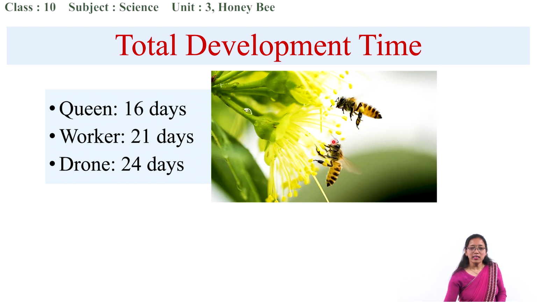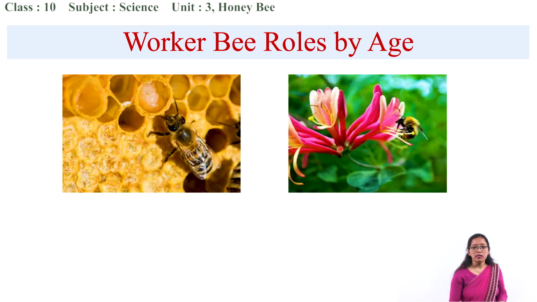We can see here, which type of honeybees are these? Can you guess? Yes, worker bees, because they perform various functions. That's just collecting nectar and pollen from the plants. And each and every bee has its own role in the hive. Especially worker bee.